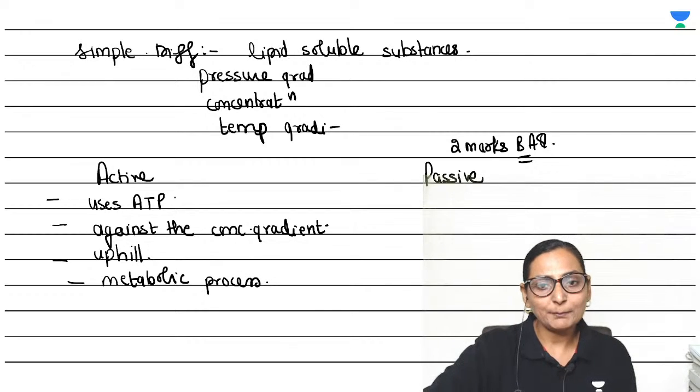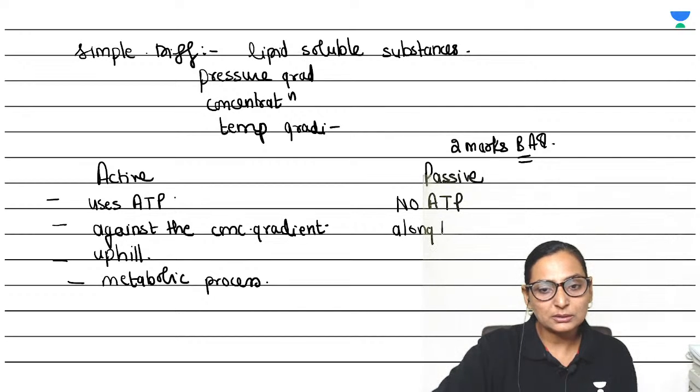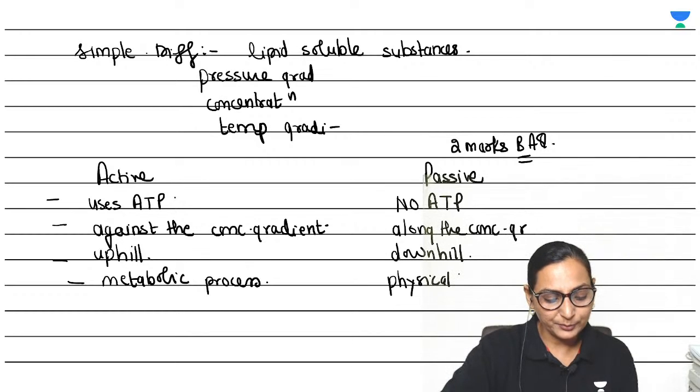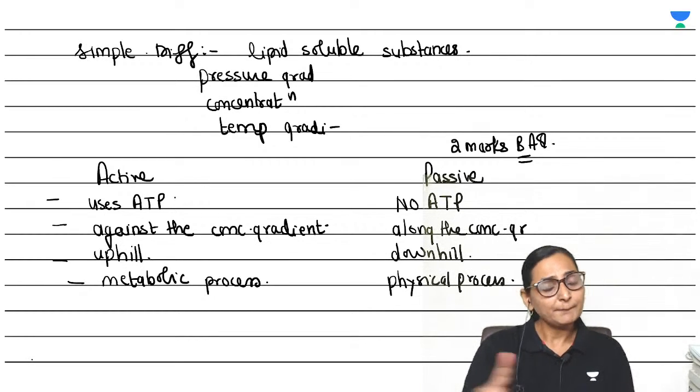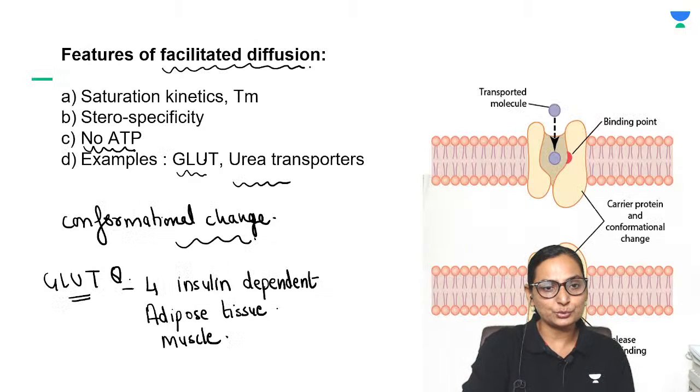As compared to passive diffusion, where there is no use of ATP, it is along the concentration gradient. It is downhill because it is along the concentration gradient, and it is simply a physical process, right? So again, a 2 marks BAQ to you.